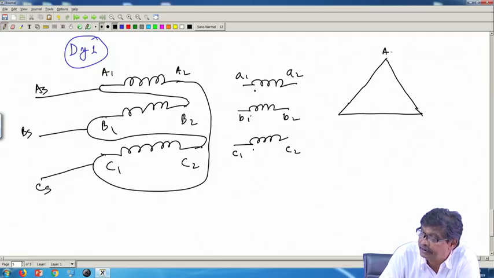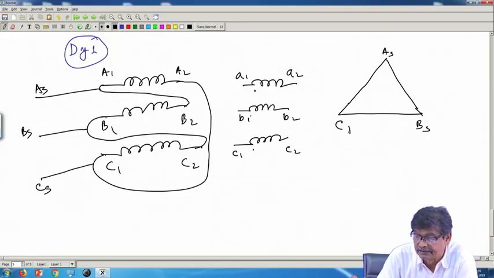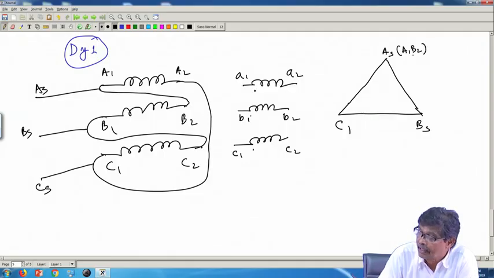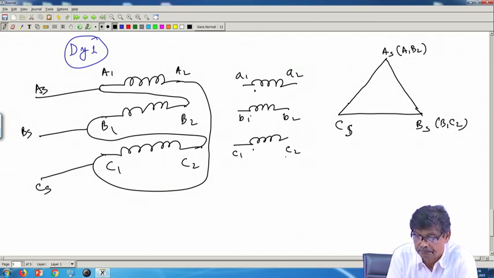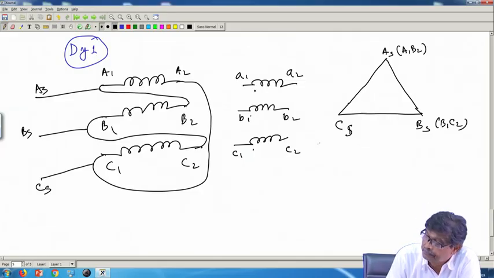So, I will write AS, draw this 60 degree equilateral triangle CS, and then say that AS is nothing but A1, B2, and BS is B1, C2, and CS is C1, A2.